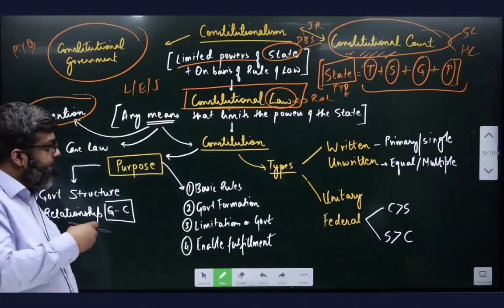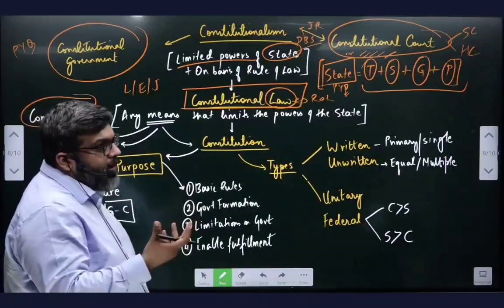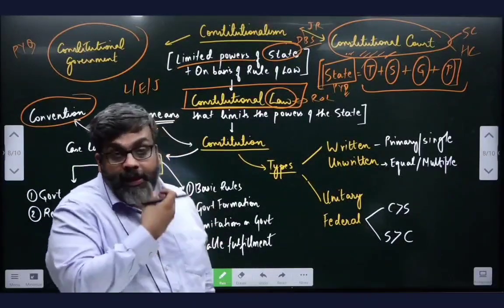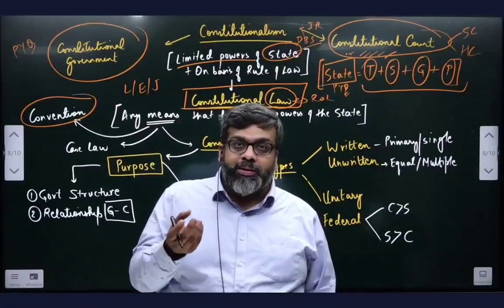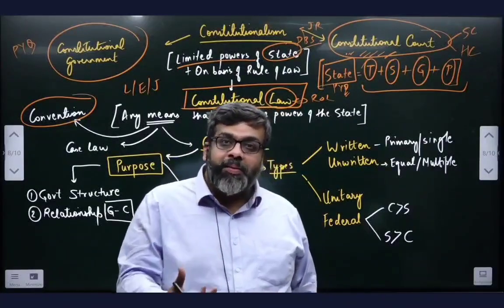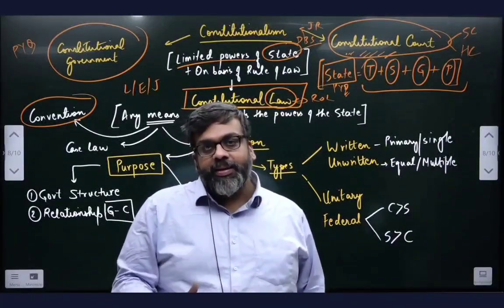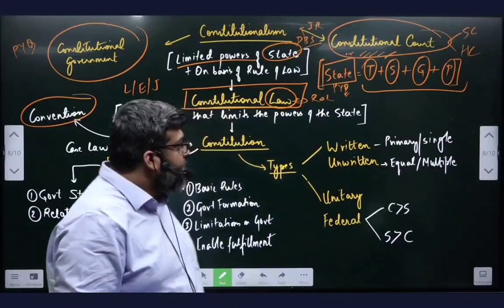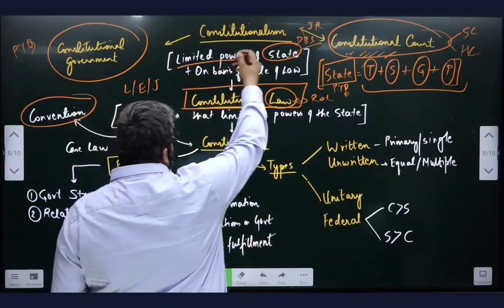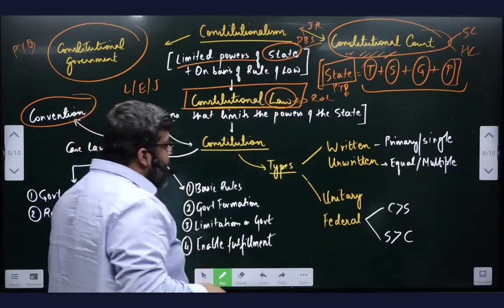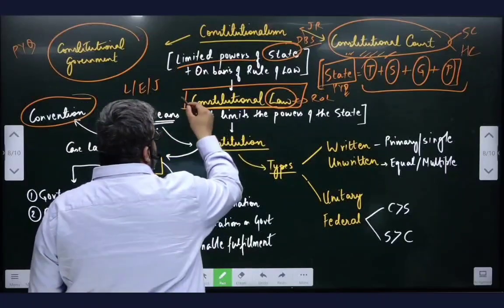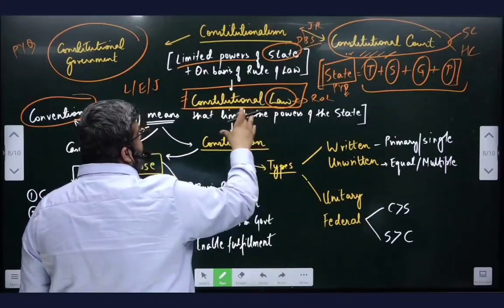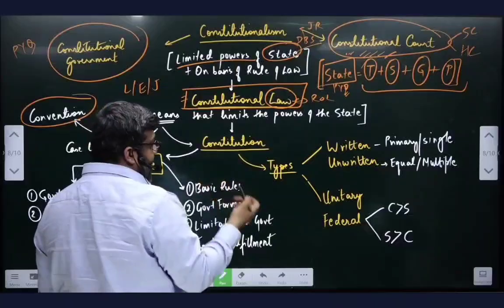Something very specifically in a law, that the Council of Ministers are collectively responsible to the lower house, means you're limiting the powers of the Council of Ministers, which are an instrument of the state. So what you effectively are doing is constitutionalism, right? And therefore, constitutional law is everything that limits the powers of the state.